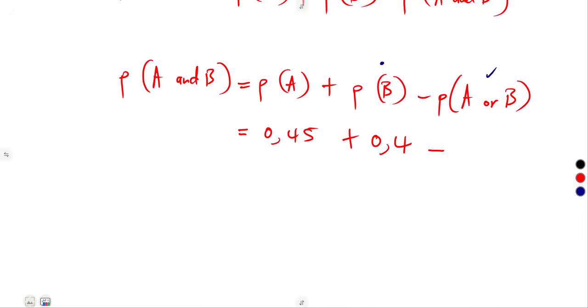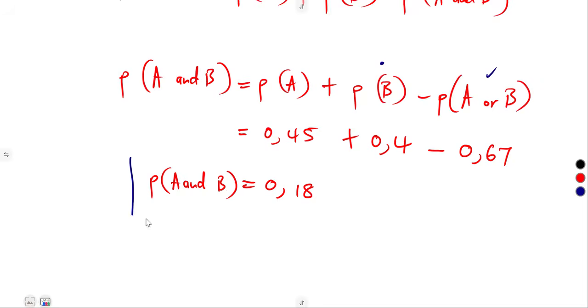So we're going to subtract 0.67. This is going to give us the probability of A and B. If we add everything, that gives us 0.18.